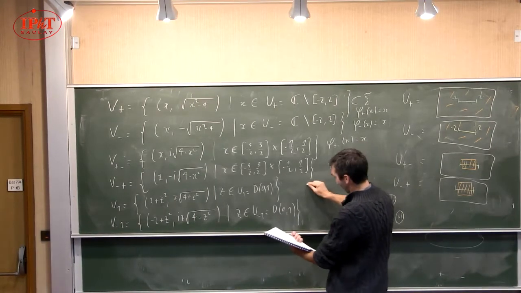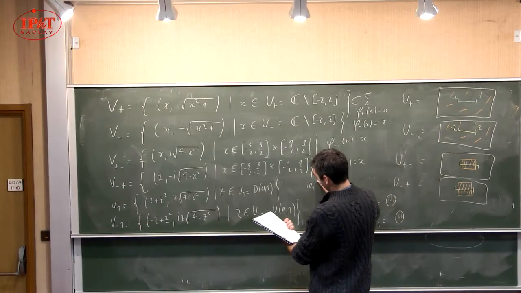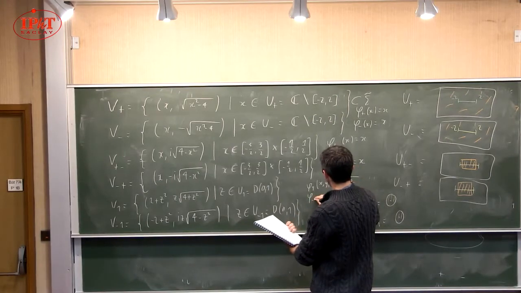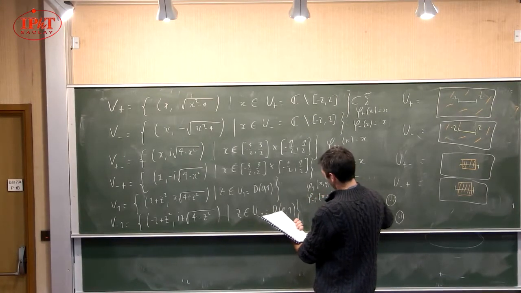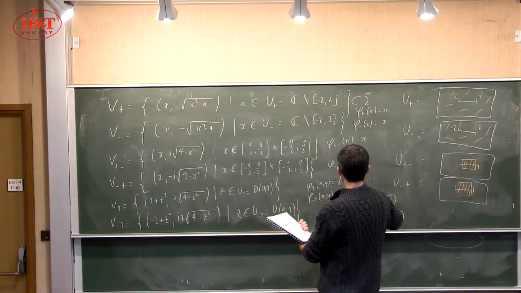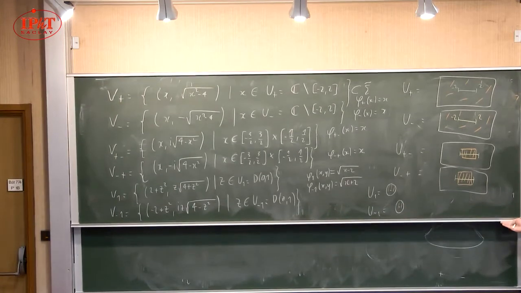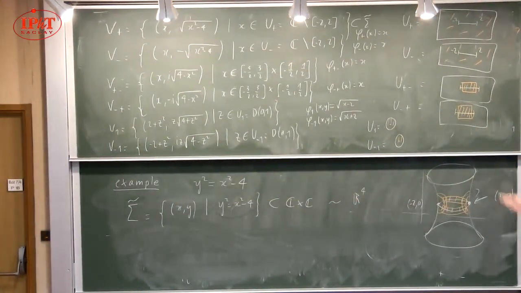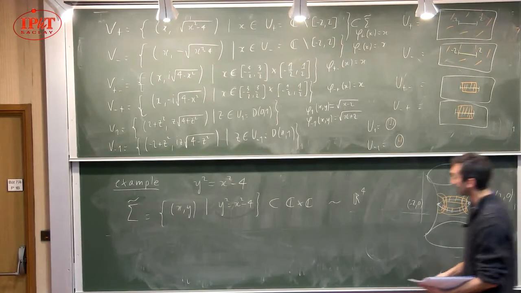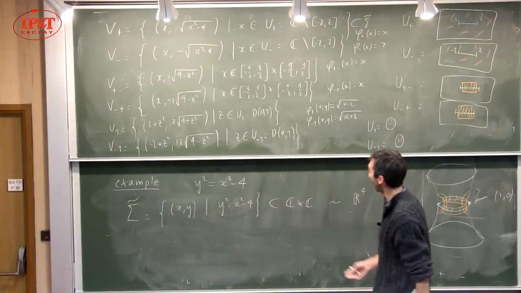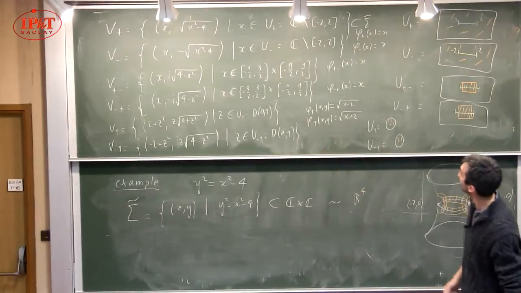And here phi 1 of (x, y) equals square root of x minus 2, and phi minus 1 of (x, y) equals square root of x plus 2. So every point of sigma tilde is covered by one of the charts.